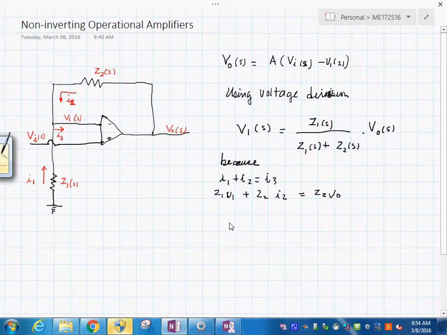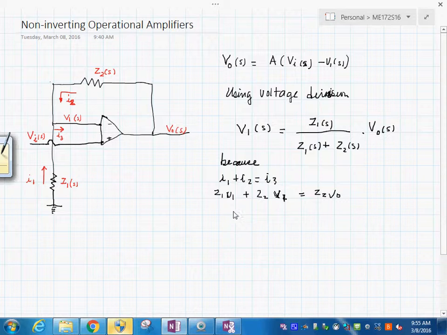This is V sub 1 times Z sub 1 plus V sub 1 times Z sub 2. Excuse me, here's a little problem. There we go, Z sub 2 plus V sub 1. So if you have it like this, you know that V sub 1 times Z sub 1 plus Z sub 2 is equal to Z sub 2 times V sub 0.